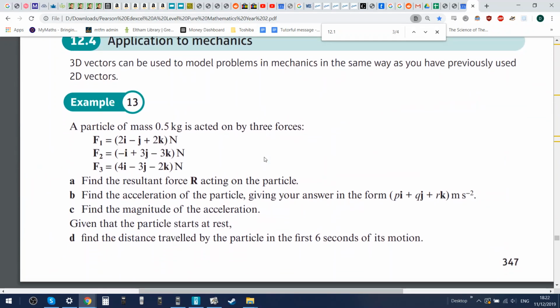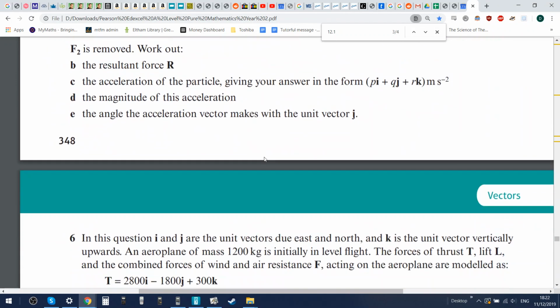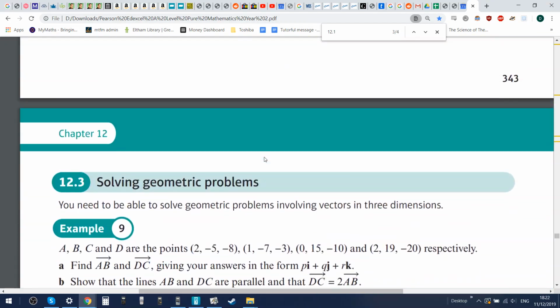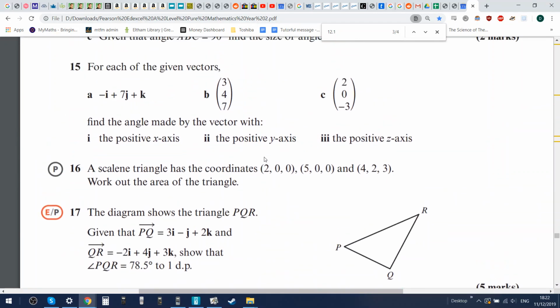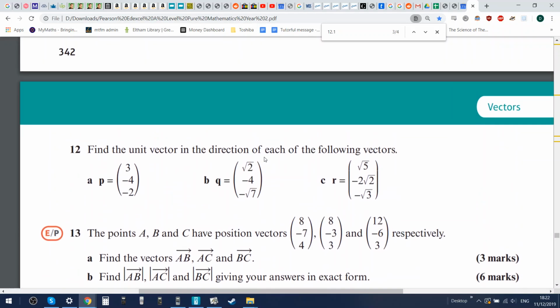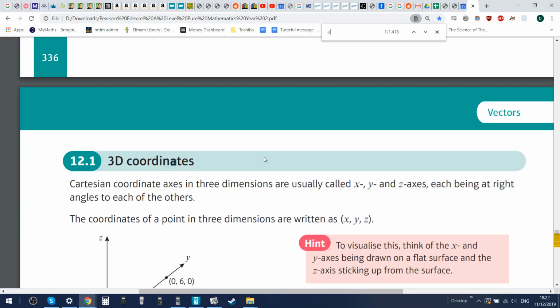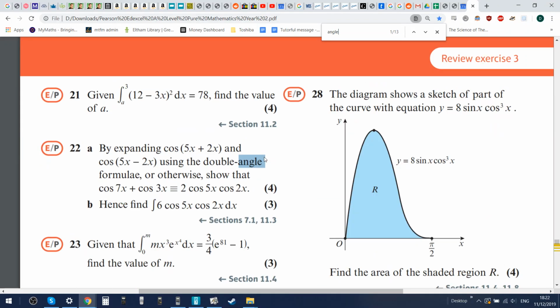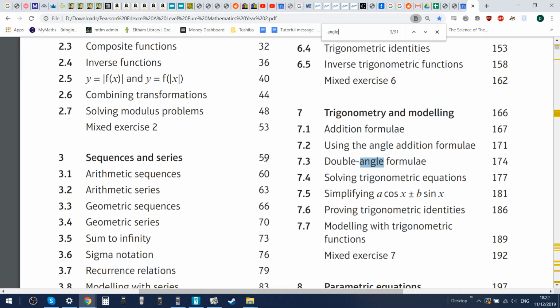Let's see. I know this is correct. So let's say angle between two things. Let me just find angle. Why did I have to get it wrong? Oh, it's gonna go all the way now.